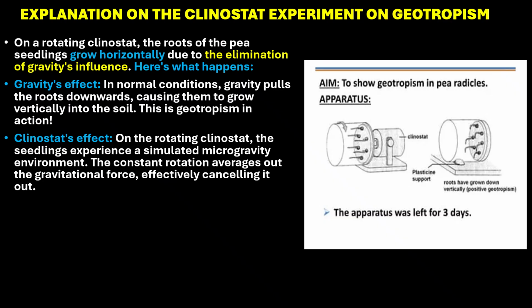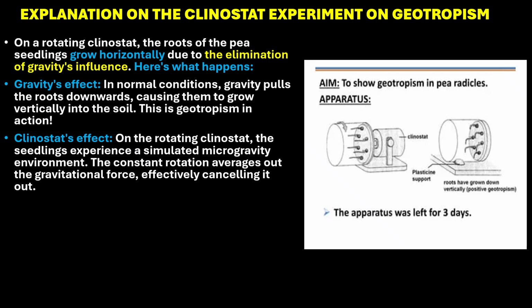Now, what happened when a clinostat was used? So in this plant, everything went natural. The roots went downwards due to gravity. And we call it geotropism. Now, what about this experiment where the pot of plant was rotating on a clinostat? Let's look at the clinostat effect. On a rotating clinostat, the seedlings experience a simulated gravity environment, a microgravity environment.